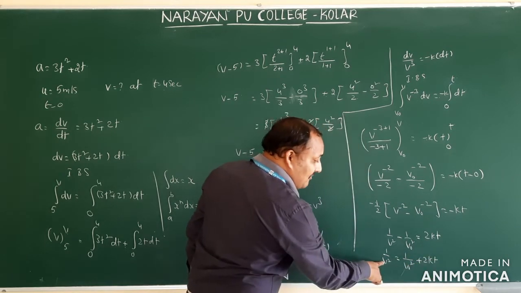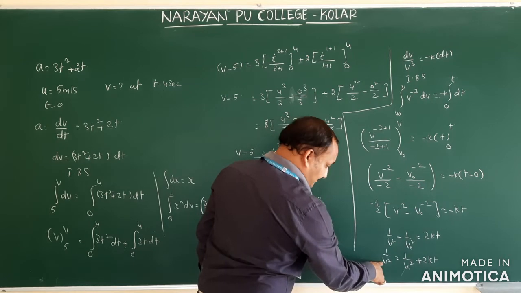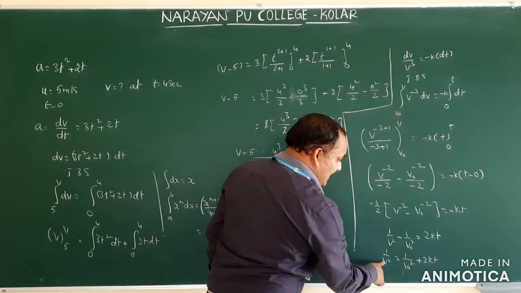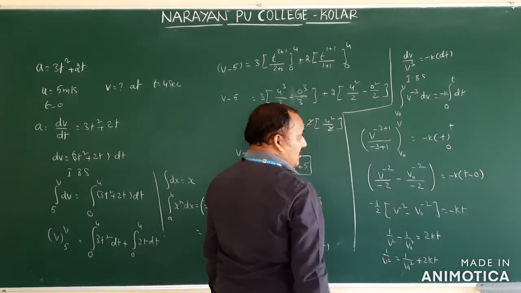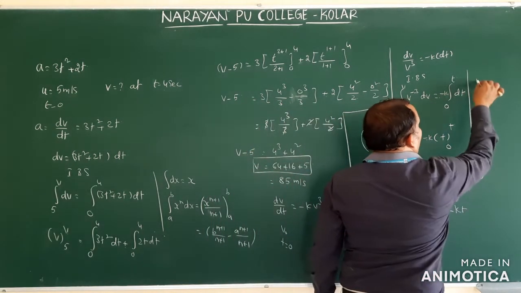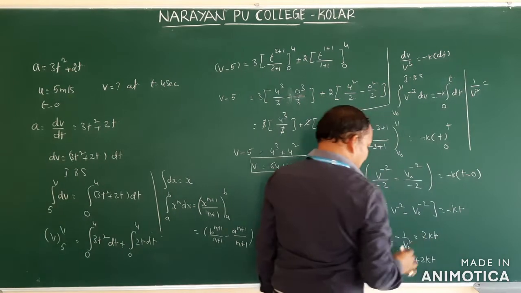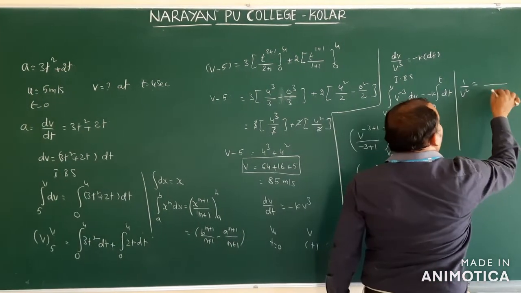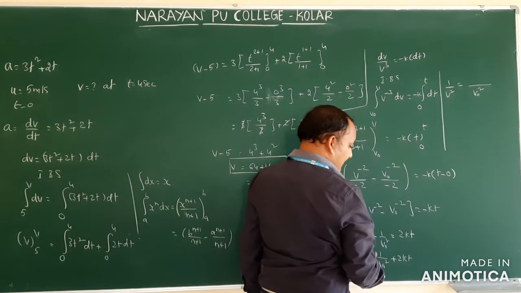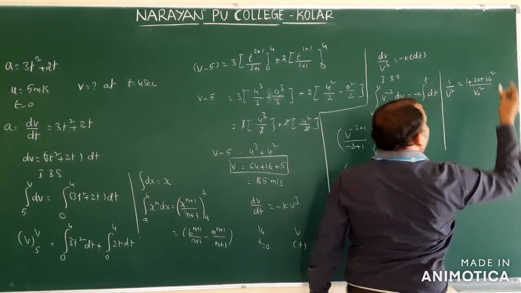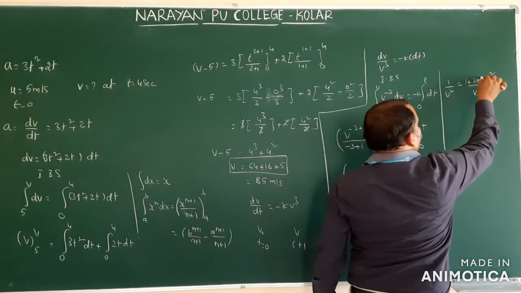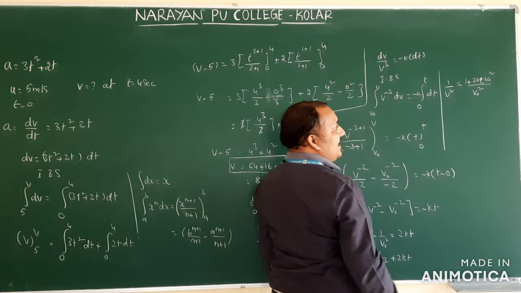They are asking V. How will you write V? Take LCM. 1 by V square is equal to, what is LCM here? V naught square. Then 1 plus 2kt V naught square.